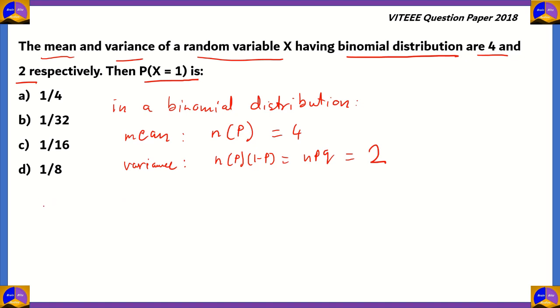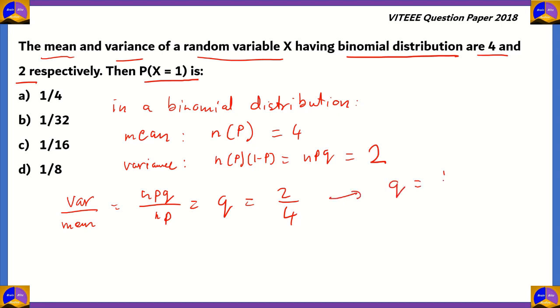So when we divide variance by mean, that is npq divided by np, which is equal to q, and that is equal to 2 by 4. So therefore, the value of q is half, and since q is 1 minus p, the value of p is 1 minus half, that is equal to 1 by 2.